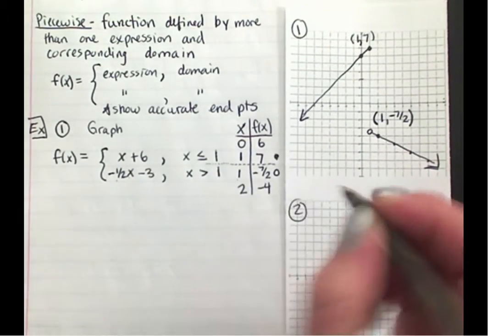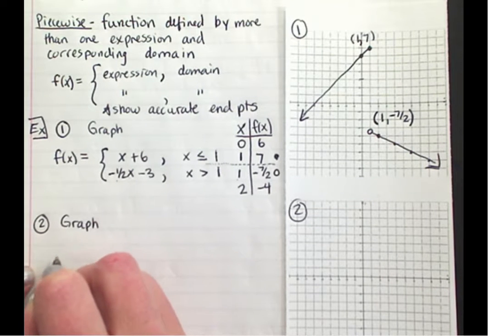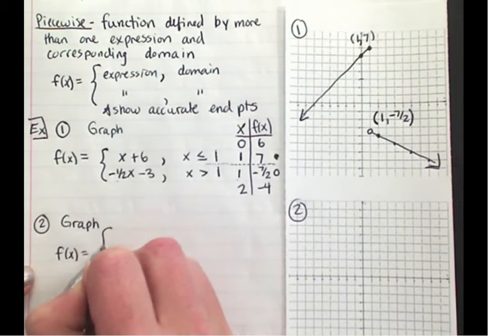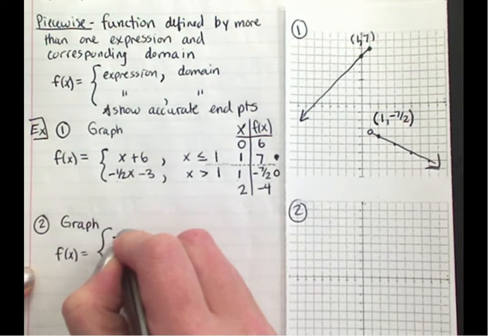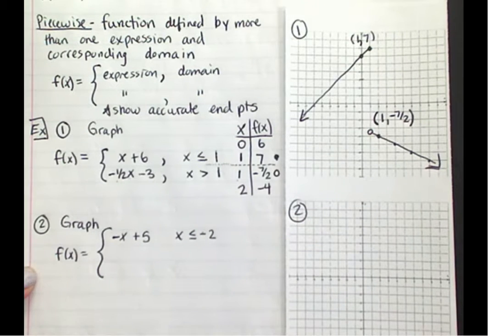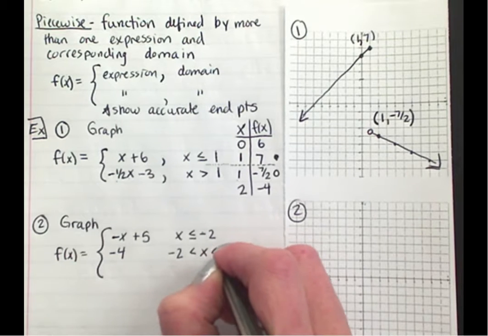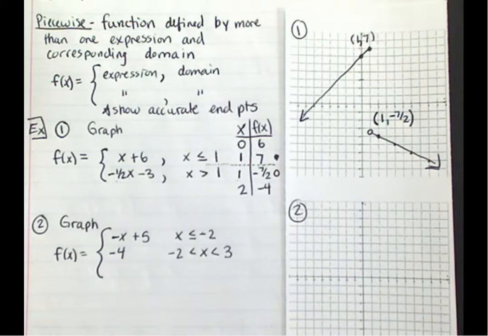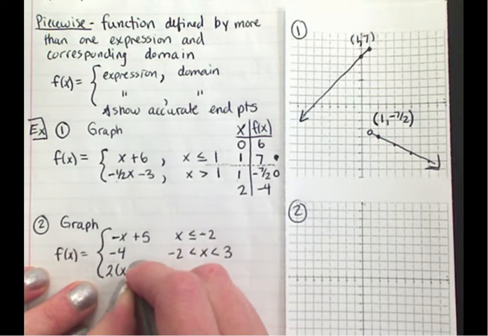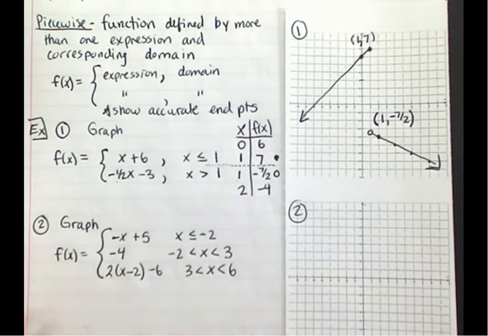Okay, number 2. Graph 3 pieces. Okay. How many endpoints? 5 endpoints, right?